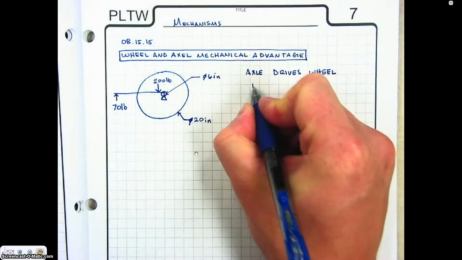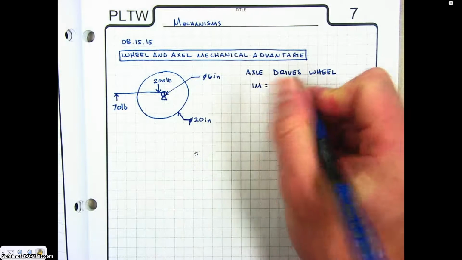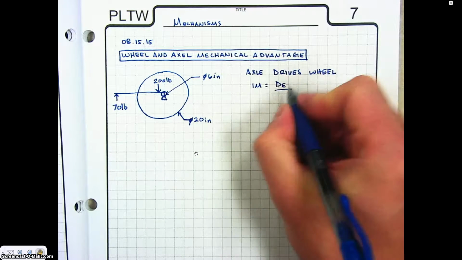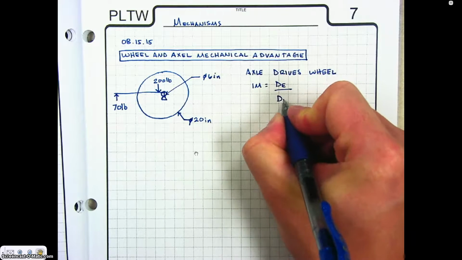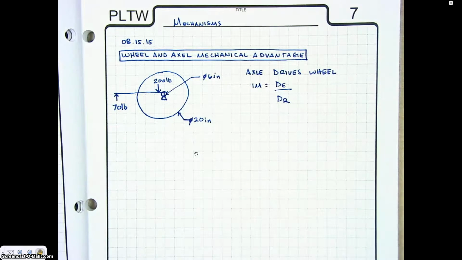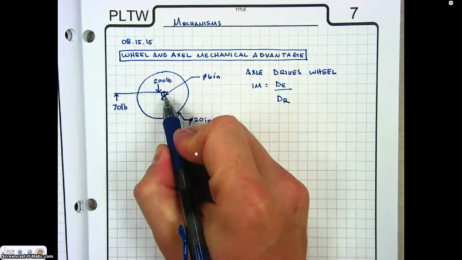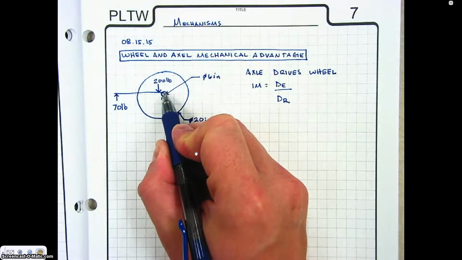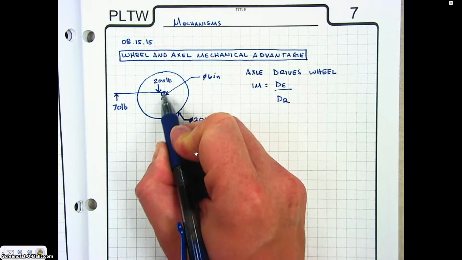So remember that IMA is equal to the distance of the effort over the distance to the resistance. And so if the axle is driving the wheel, the effort is going to be put in right here at the axle.